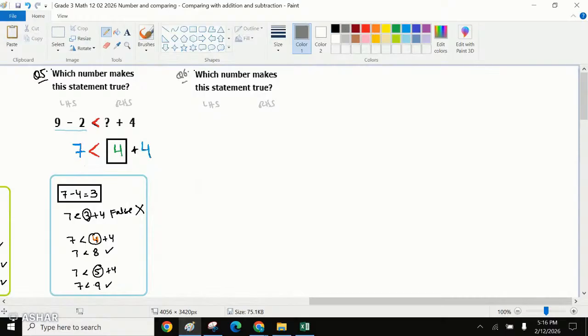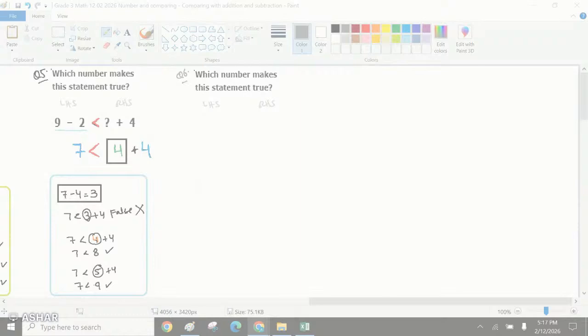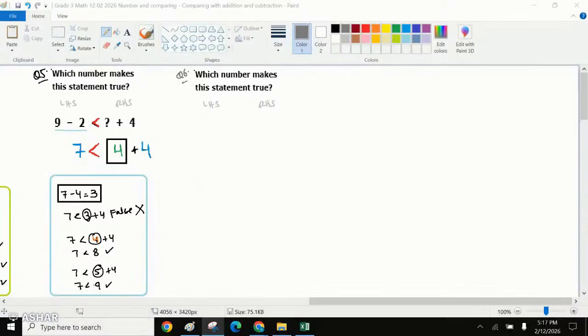Okay. For the next question, it says, 9 minus a number is less than 3 plus 3. Perfect. Nice question. Okay, let's see.